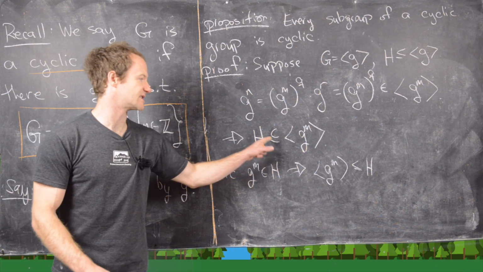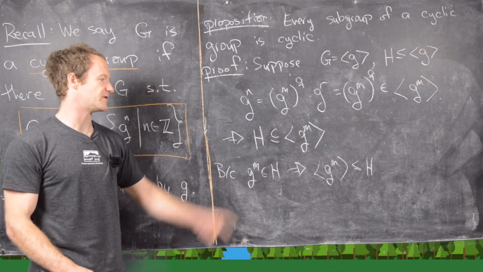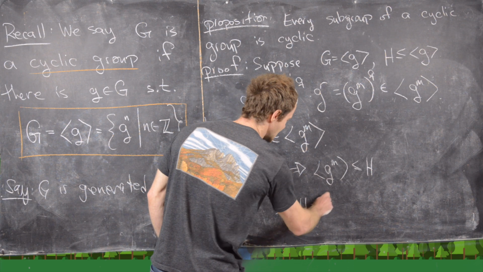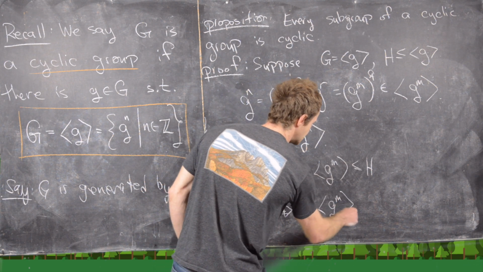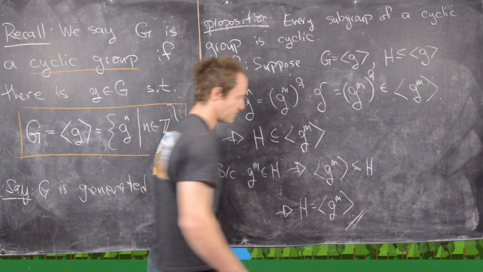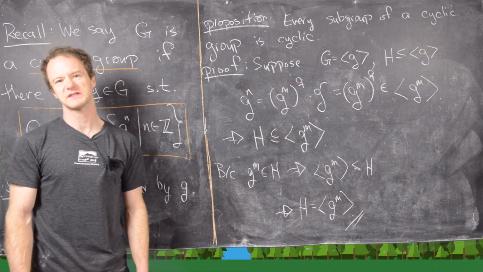So that gives us this double containment of these subgroups, from which it follows that H is exactly equal to this cyclic subgroup. And that finishes our proof. Okay, good. That's a good place to end this video.